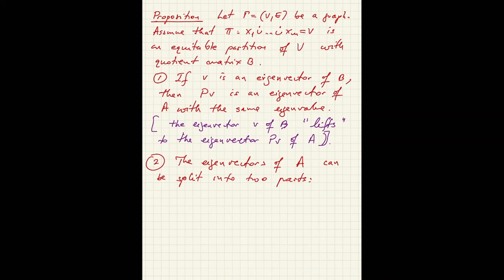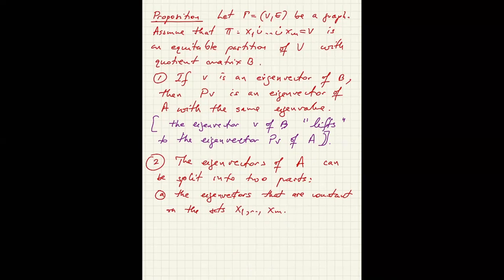More precisely, we can find a basis of eigenvectors of A such that we can split them into two parts. Part A: the eigenvectors that are constant on the sets x1, x2, xm.